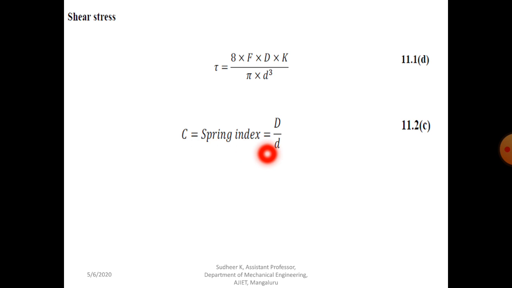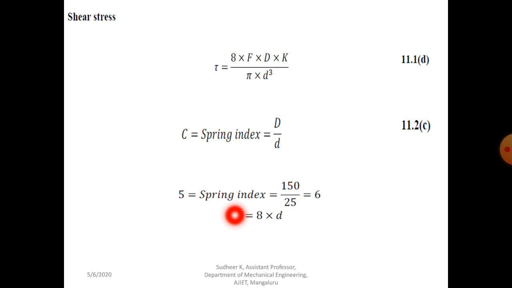C is nothing but the spring index, that is D by d, which you get from equation number 11.2. The spring index is not 5, it is 8; this is a print mistake. Therefore spring index equal to 150 divided by 25. So you will get 6. That is the value of C.